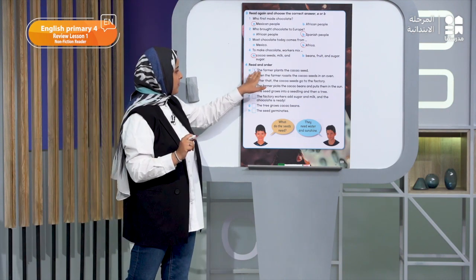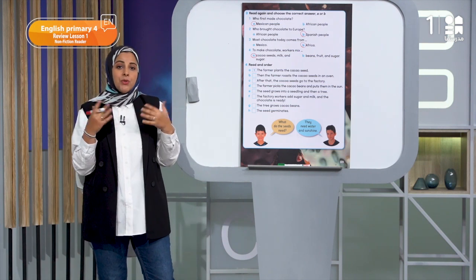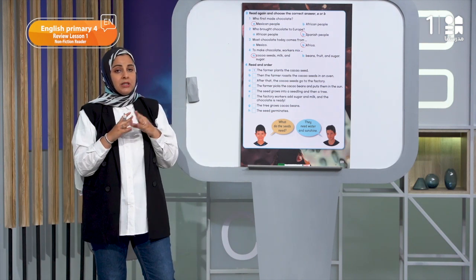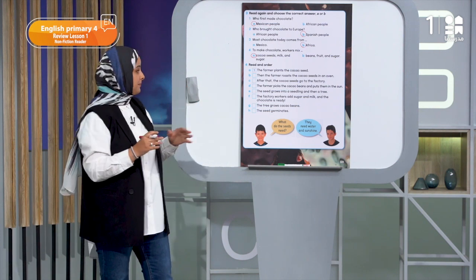Number 1 is already done. The farmer plants the cocoa seed. What do you think is number 2? Before we decide, let's read all the sentences together.